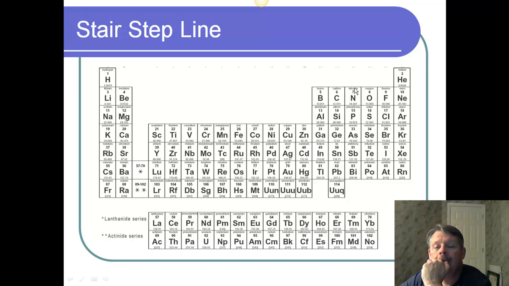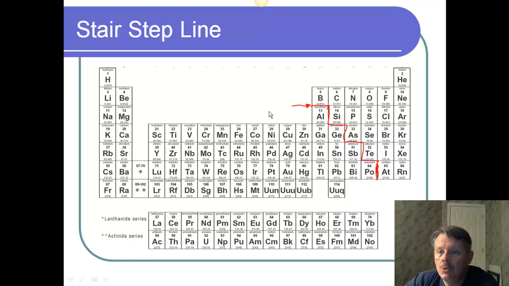Okay. Now, there is something that you need to make very sure that you highlight on your periodic table. Look right here, in between boron and aluminum, and you'll see a very dark line. Sorry, I'm going to try and draw this without messing up. It goes in a stair step all the way down here and ends up between astatine and polonium.